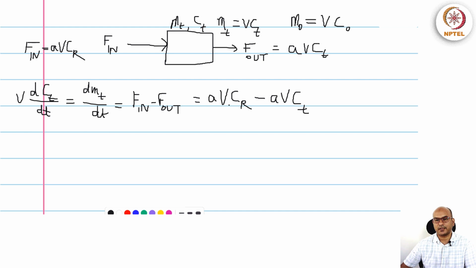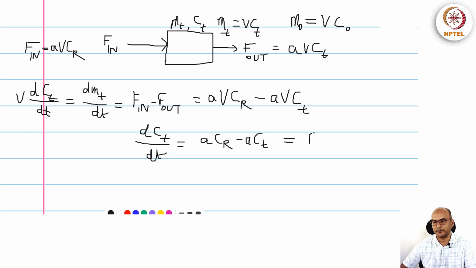So all the V terms will cancel out, and we will have dCt by dt is equal to A Cr minus A Ct. So again I can start as A Cr can be some term, so I will just put P minus A Ct, where P is equal to A Cr.